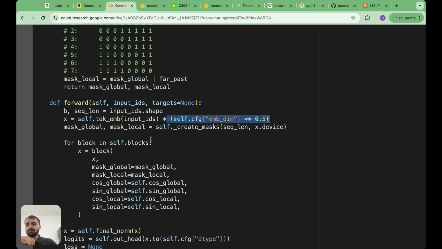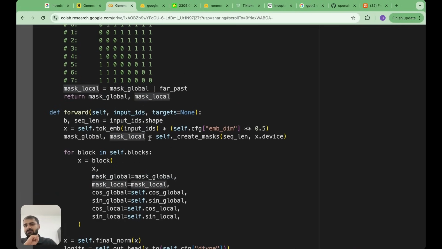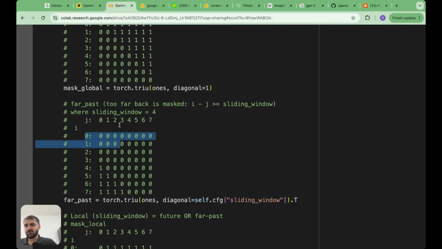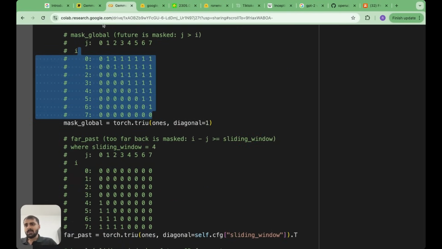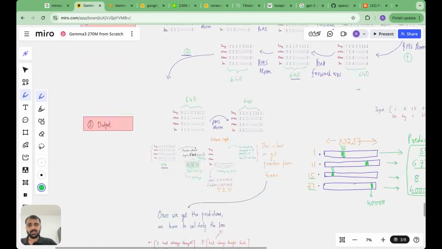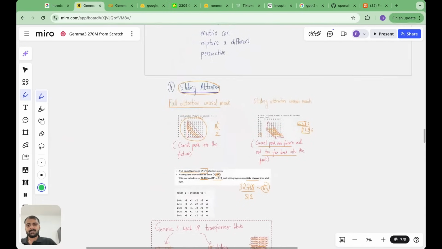Then we are creating the global mask and the local mask. What is the global mask and what's the local mask? Essentially, the global mask is causal attention, which we have seen over here.